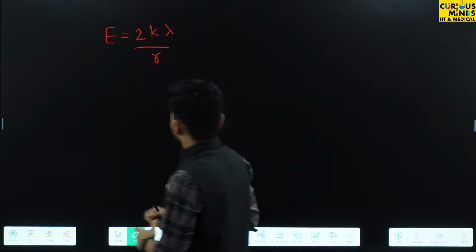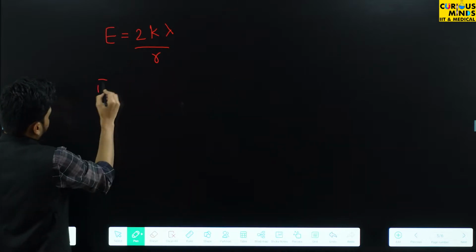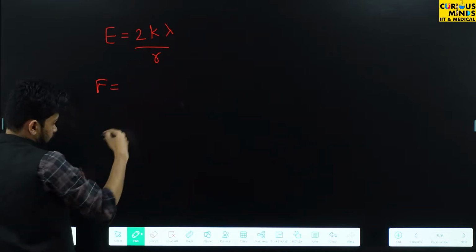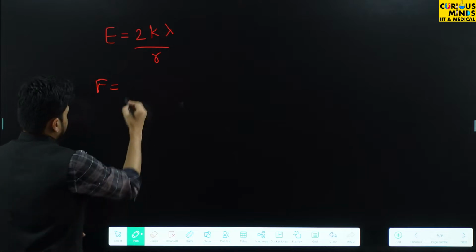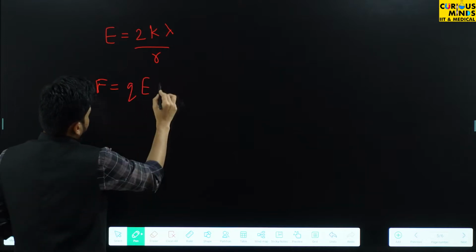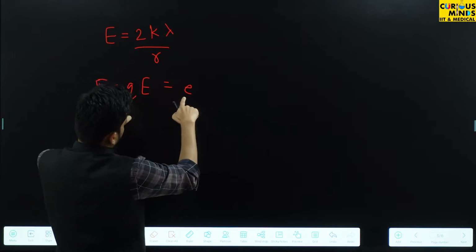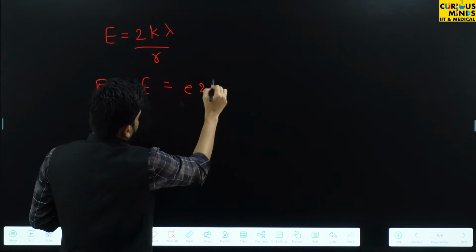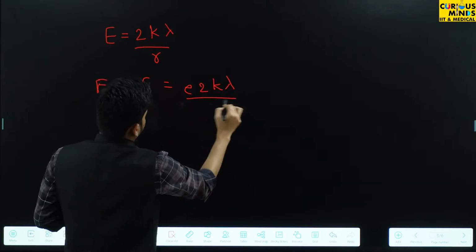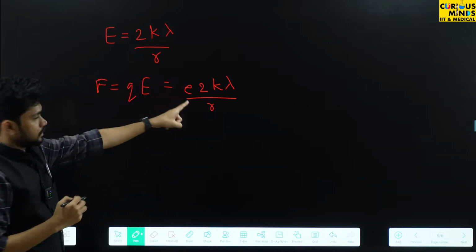Now, the force produced by the electric field is nothing but Q into E, which for this electron, Q becoming e, is e times 2k lambda by r. So our force is this.